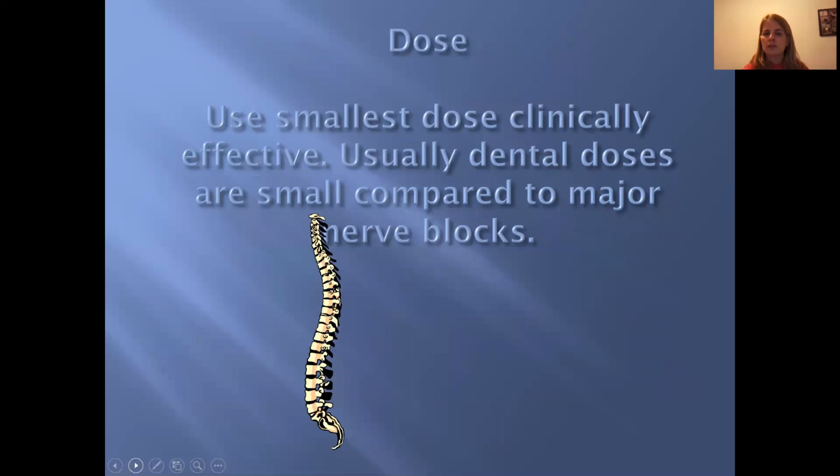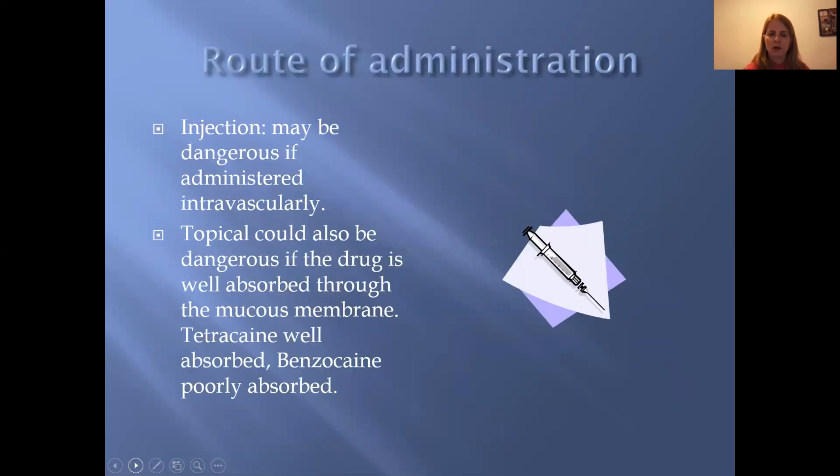Smallest dose that's clinically effective is what we want to use. Dental doses in general are very small. We do not want to administer intravascularly, so we really need to be mindful of our technique and where we're going and know where our landmarks are and what we're numbing. Topical can be dangerous if the drug is well absorbed through the mucous membrane.